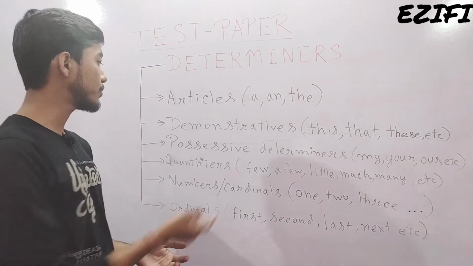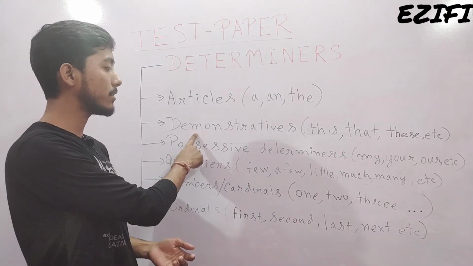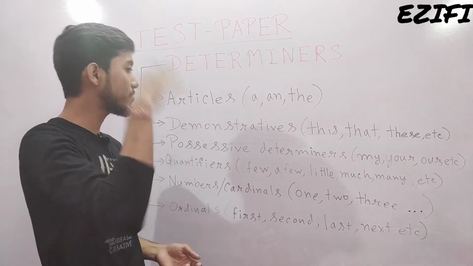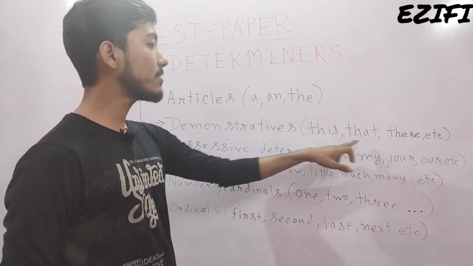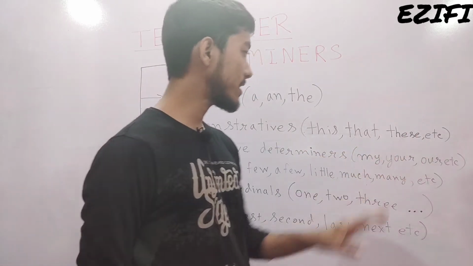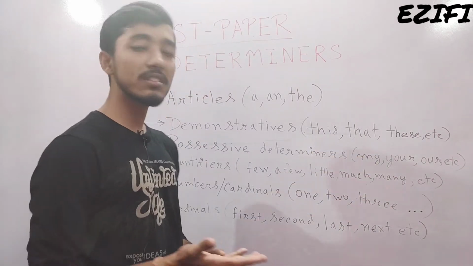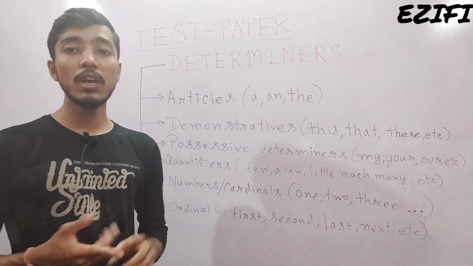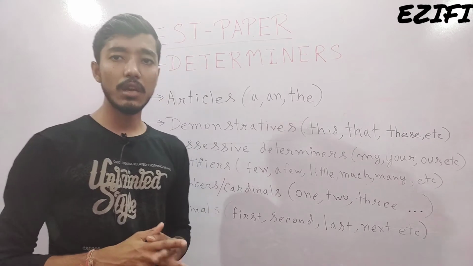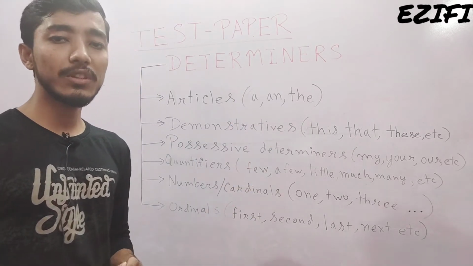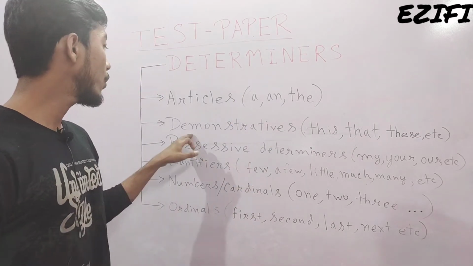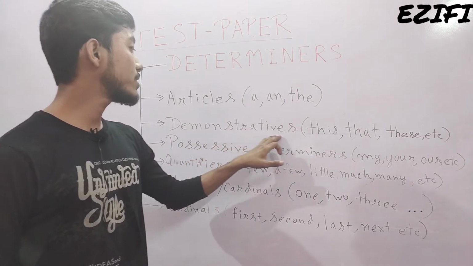Next we'll move on to the second kind of determiner, that is demonstratives. This, that, these, those. I will not go into all the examples, but we have to know what these demonstratives mean.